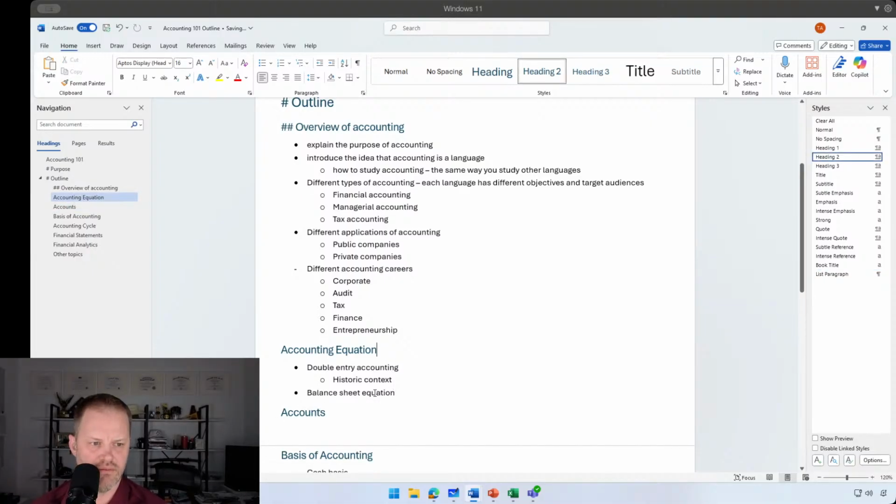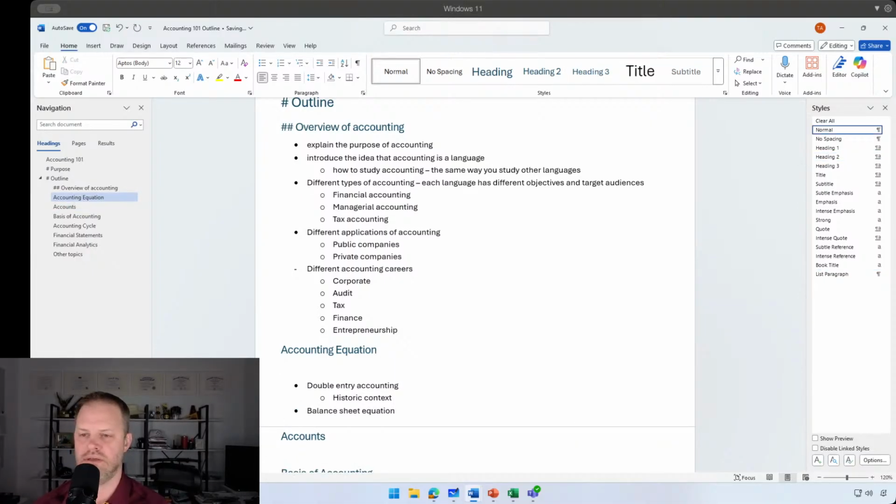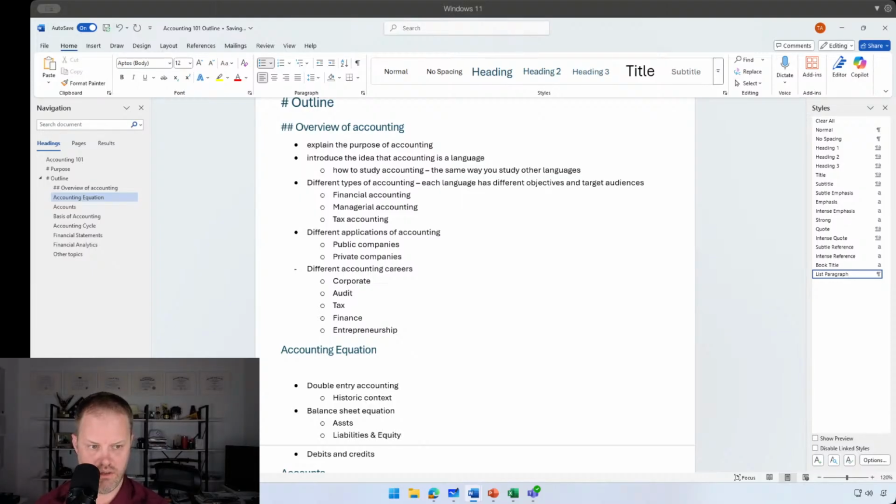You know, this in general, this is okay. I'm gonna make a bucket of concepts. So this is where we'd hit debits and credits, but before that, we need to understand the balance sheet equation, the idea of assets, liabilities, and equity.